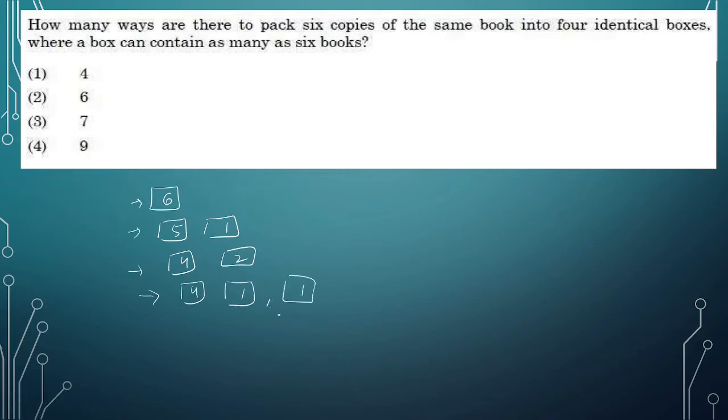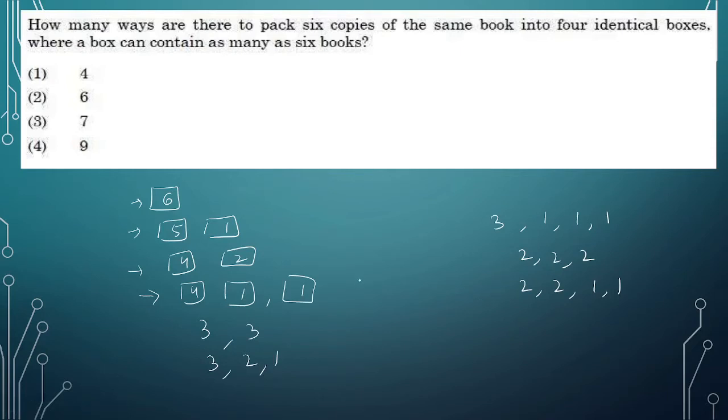Or it could be 3 in 2 boxes. Or the combination can be 3, 2, 1. Or it can be 3 books in one box, and 1 book in each of the remaining three. Or it could be 2, 2, 2 in 3 boxes. Or it could be 2, 2, 1, 1. So these are the possible ways that I can pack my 6 books in those identical boxes.